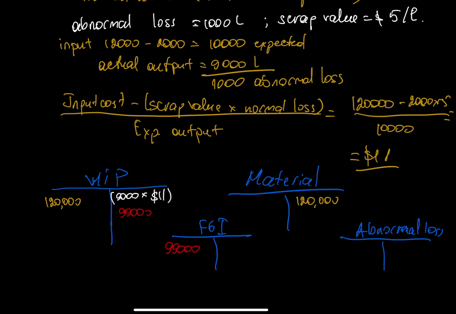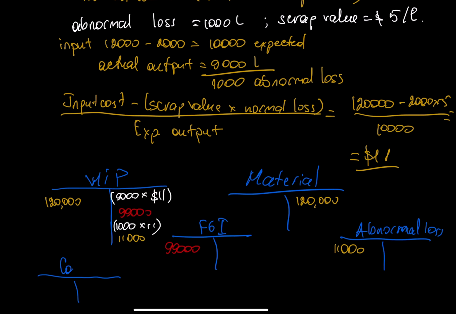We have lost 1,000 liters by $11, and that gives us 11,000. So 11,000 will be credited to work in process because this is a loss, and debited to abnormal loss.